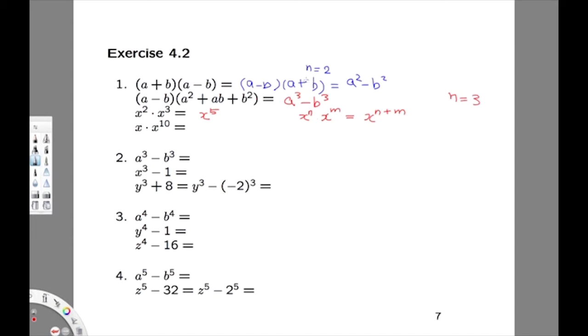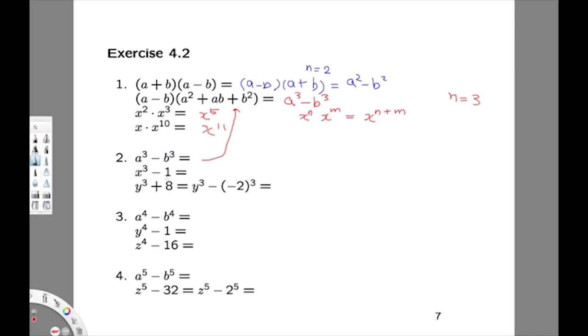So altogether you have n plus m x's. So you have x to the fifth power. And in this case, thinking of x as x to the first power, you have x to the 11th power. But the backwards direction is a little bit difficult. You have to know the formula. But this one, you will get this as a solution.